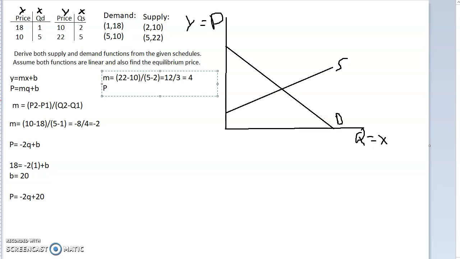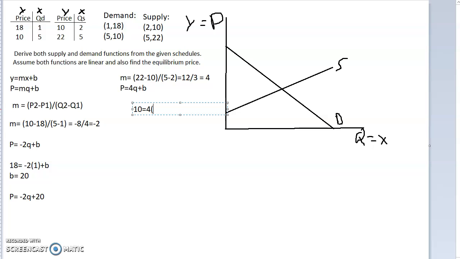So now our supply function is 4Q plus B. Okay, and we don't know what B is, so we're going to do a new one here. We're just going to plug in some of the numbers here. So let's do price of 10, we'll get 4 times 2 plus B, okay, and that turns into 8.